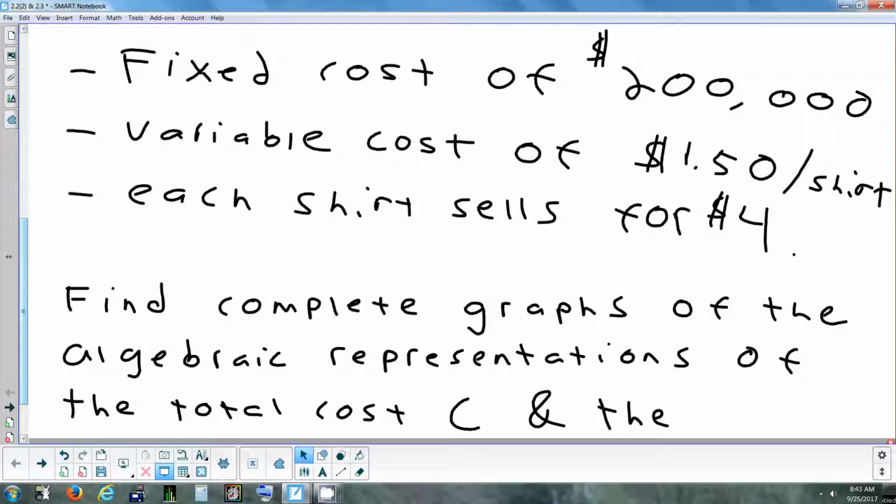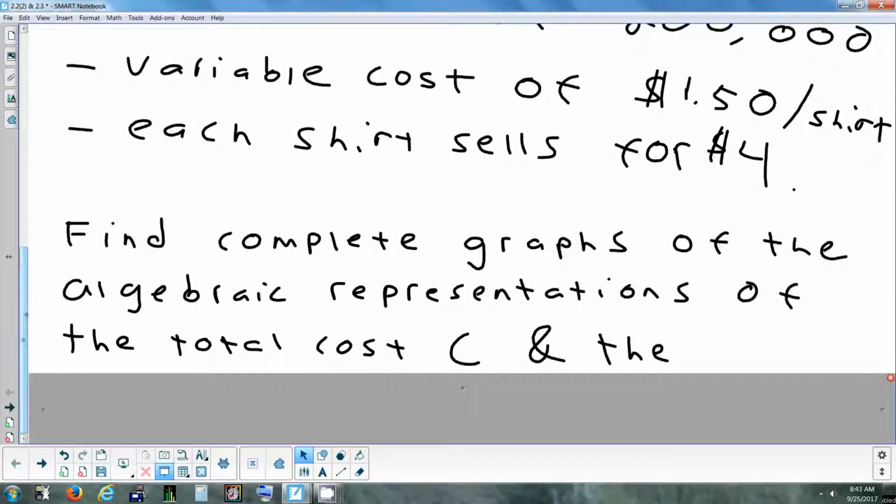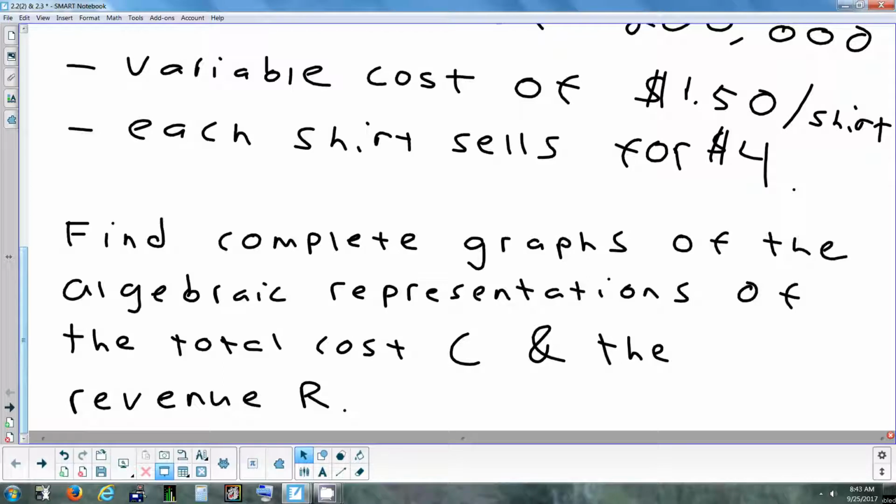All right, so first we'll come up with an equation that represents this. And we're actually going to come up with two equations. We're going to come up with an equation that models the costs for the company, and then we're going to come up with an equation that models the revenue.